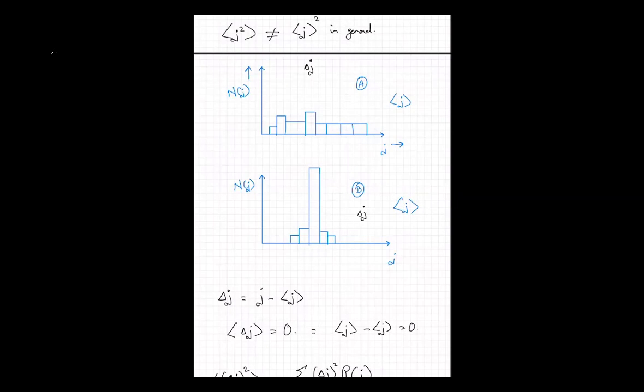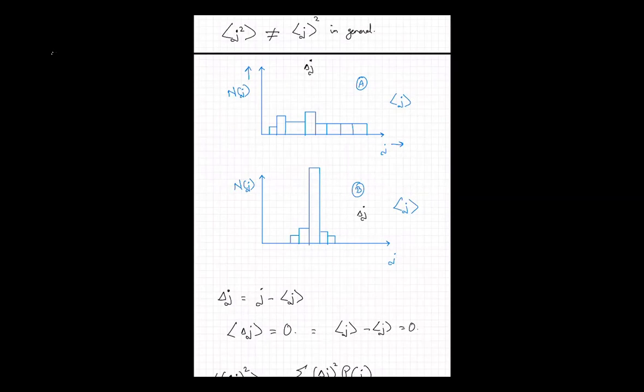I want to understand how much the general population differs from the average, right? Now, in the case of the first example, the average value of delta J would be equal to 0. Why? Because there will be as many people below the average age as there are above it. So if I average this quantity for population A, it will be 0.